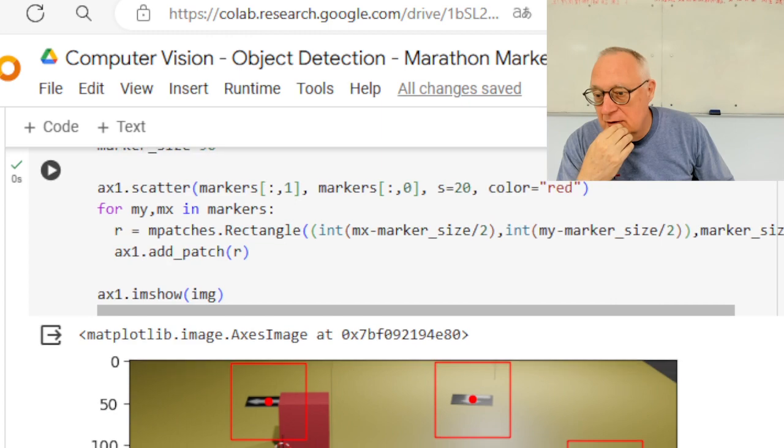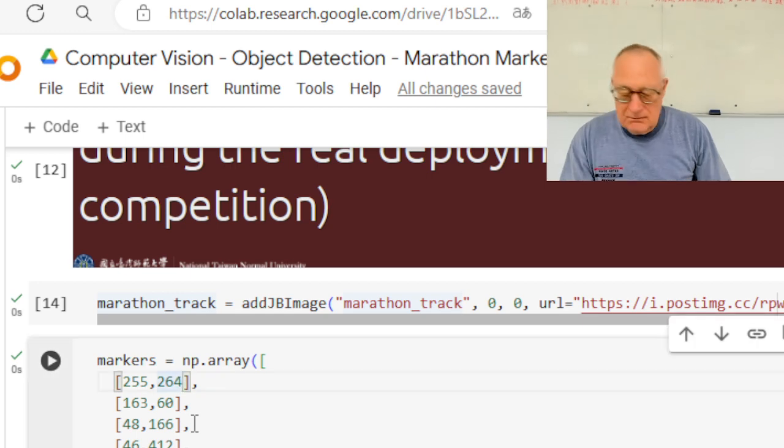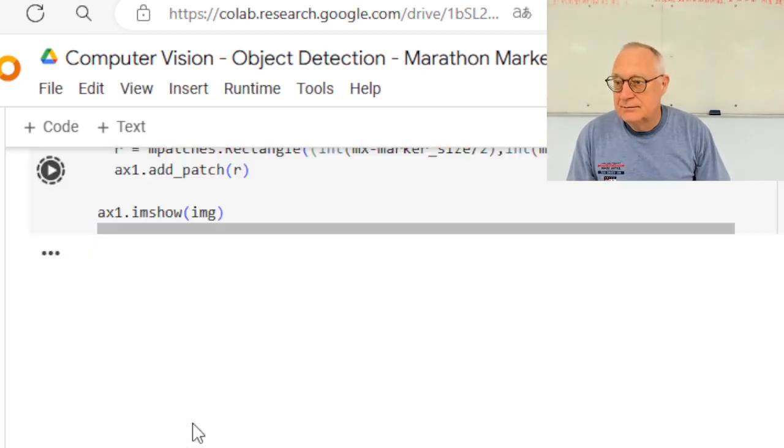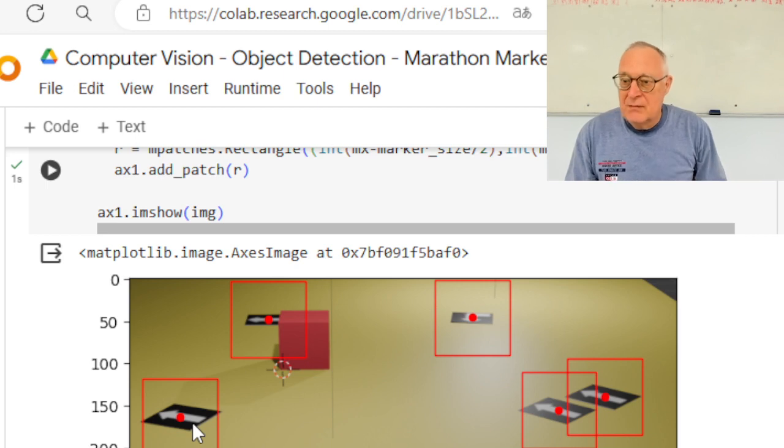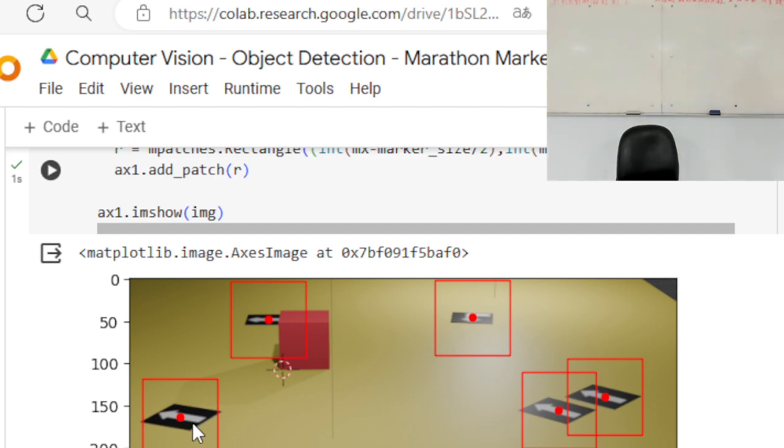So that was the first one, 260. So this is just a quick and dirty setup to be able to have some bounding boxes so that we have some images of the markers as they may appear to the robot when the robot is walking, right? Now, this is not going to fit the images from the robot exactly, but it's giving us some test data that we can start working on.